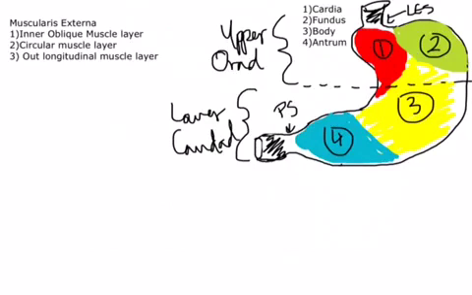And the upper orad is sometimes called the proximal. Its job is to store, not for a long period of time, but it stores from minutes to hours. And then the caudad region, the distal part, its job is to break apart the food.